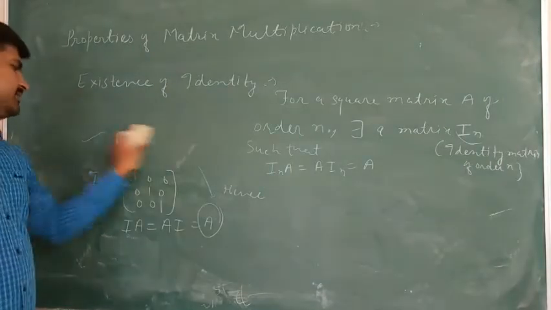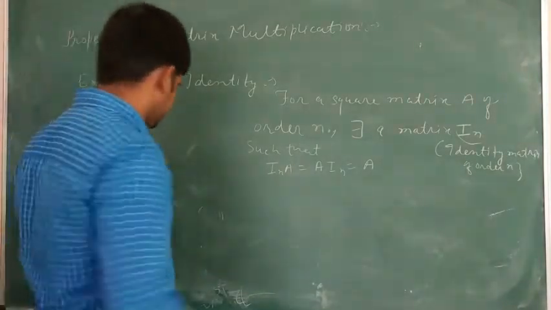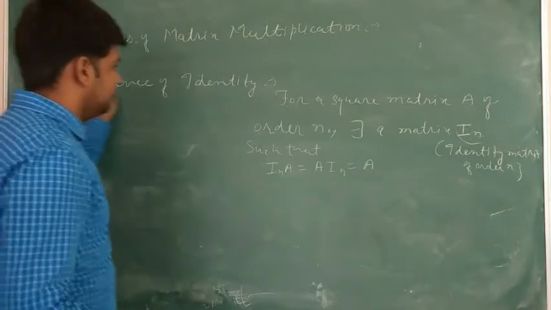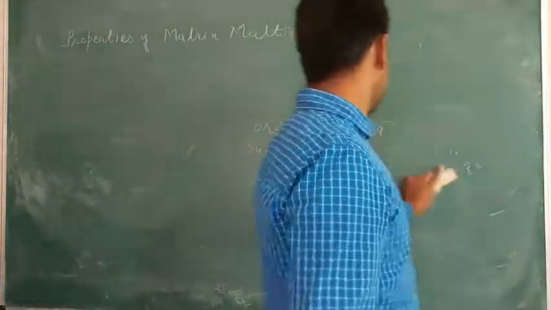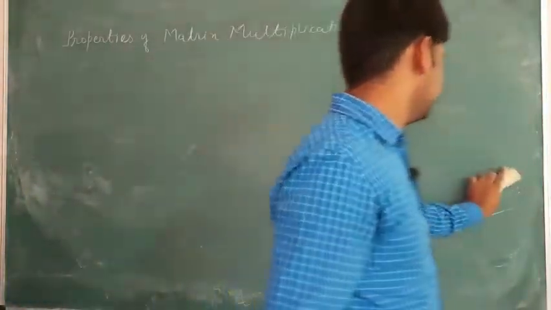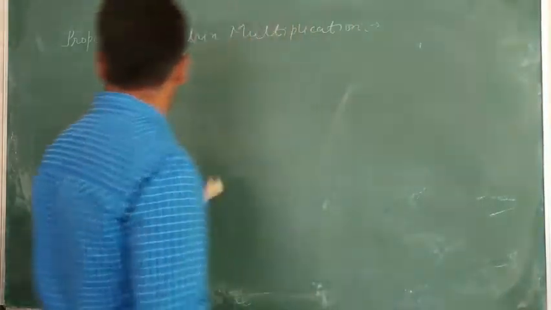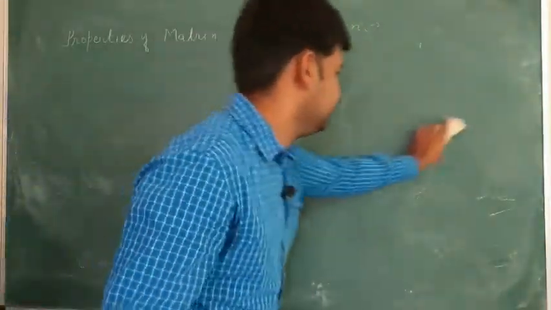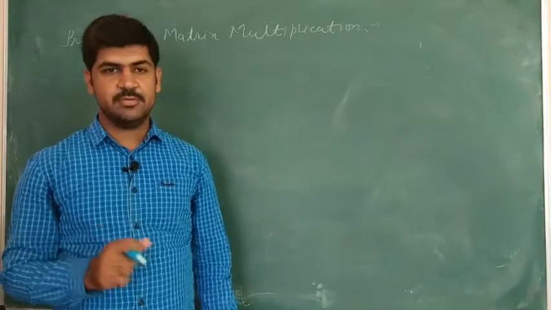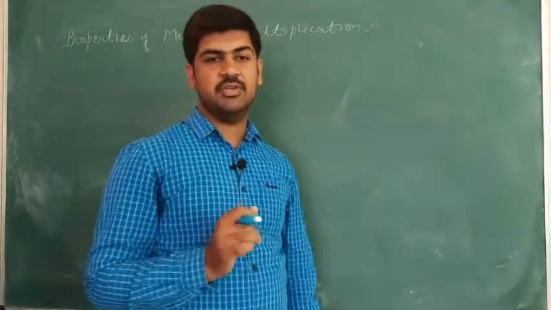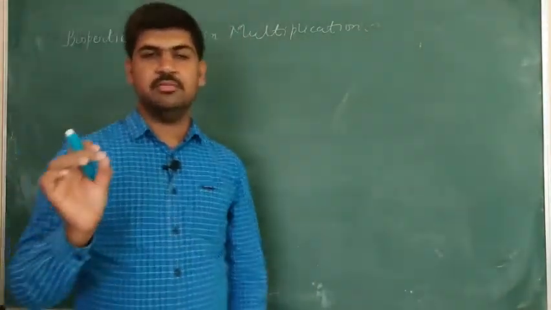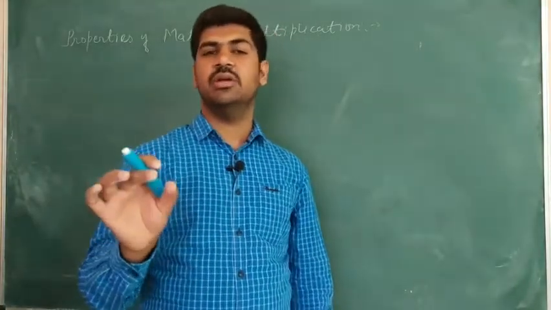The next property for matrix multiplication is that matrix multiplication is distributive over addition.